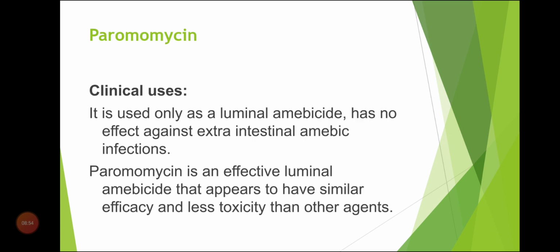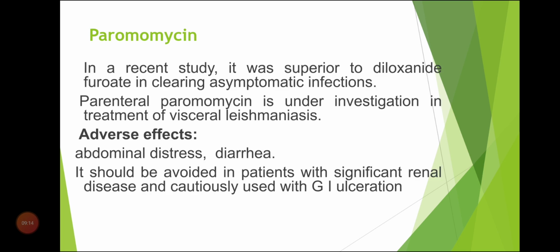Clinical use of paromomycin: it is used only as a luminal amoebicide and has no effect against extraintestinal amoebic infection. Paromomycin is an effective luminal amoebicide that appears to have similar efficacy and less toxicity than other agents. In a recent study, it was superior to diloxanide furoate in clearing asymptomatic infection.